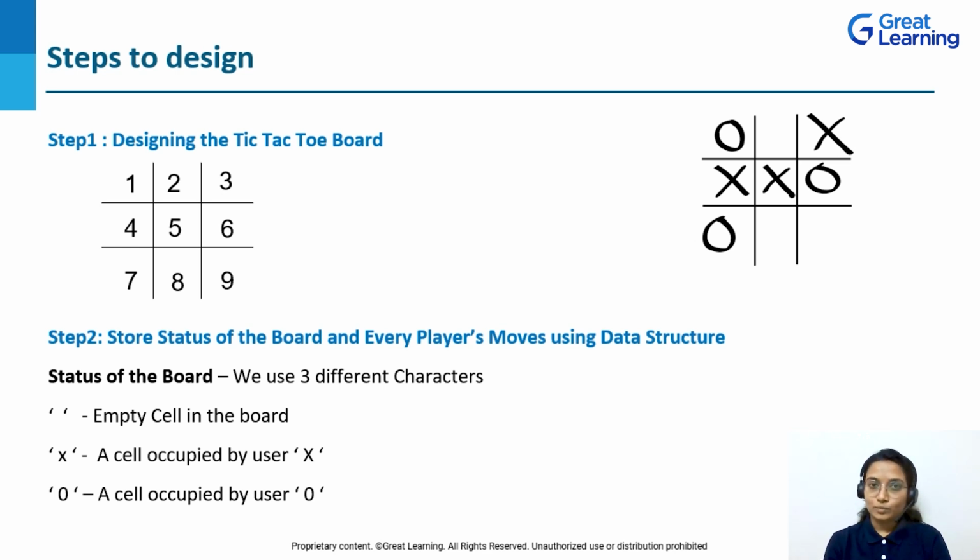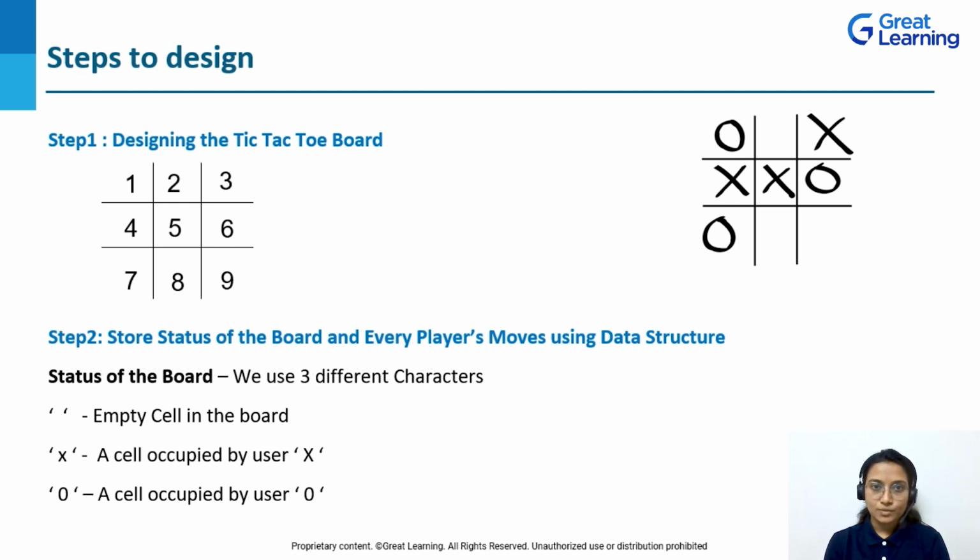Designing the tic-tac-toe board. We have to design this particular board in order to place the characters inside. Right? The platform should be made ready. 3x3 is the format, that is 3 rows and 3 columns. The numbering of the cells goes from the left top corner. That is, 1 starts from the left top corner and 9 ends at the right bottom corner. So this is the format we follow.